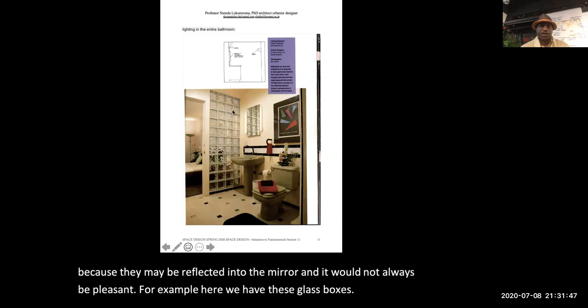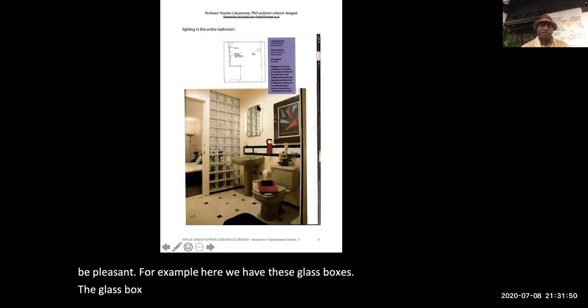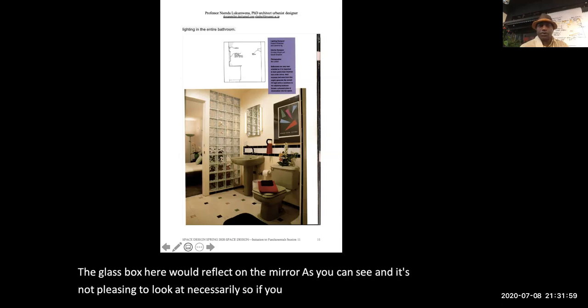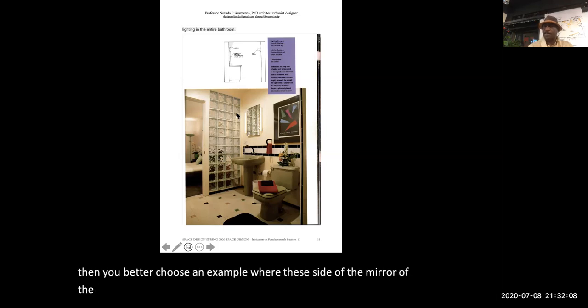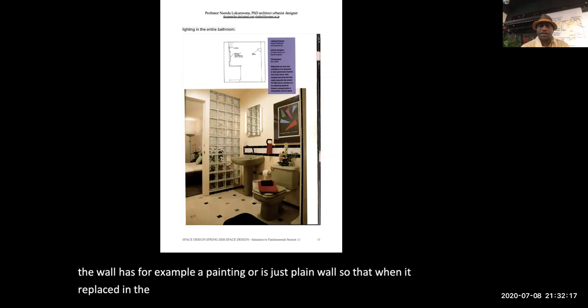The glass box here would reflect on the mirror, as you can see, and it's not necessarily pleasant to look at. So if you are to pick an example, you'd better choose one where this side wall of the mirror has, for example, a painting, or is just a plain wall, so that when it reflects in the mirror, it does not disturb.